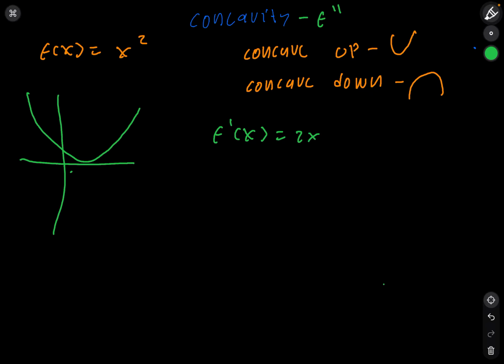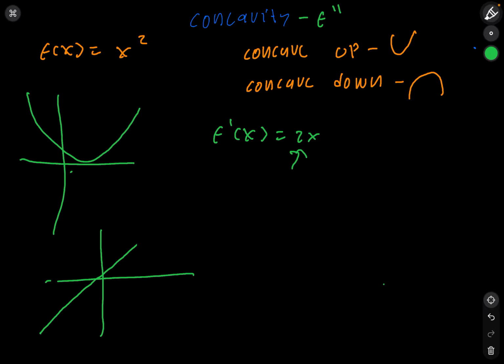But from here, since we said concavity is a second derivative, wouldn't it be smart to just find the critical number of f prime of x? So essentially what I'm telling you to do is find when f prime of x is equal to 0.